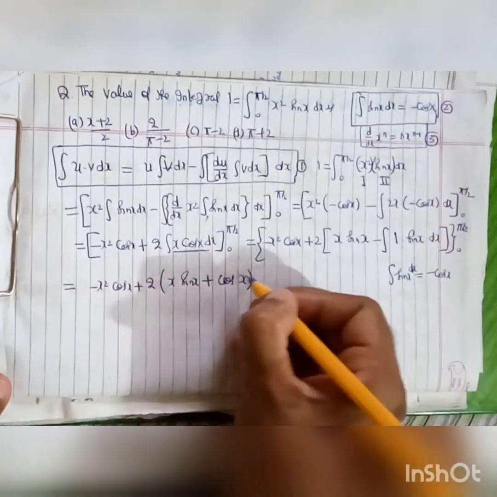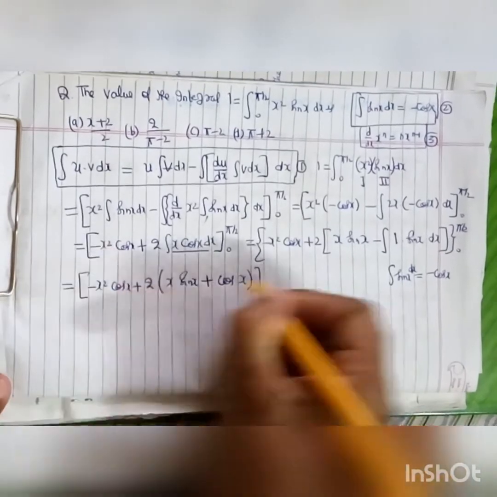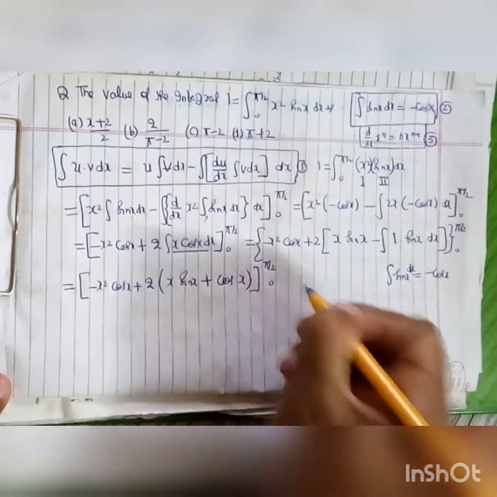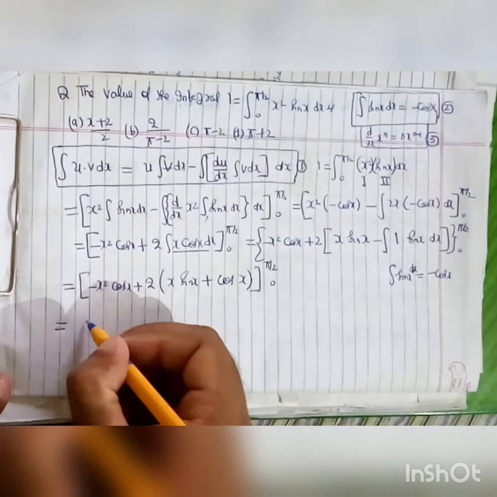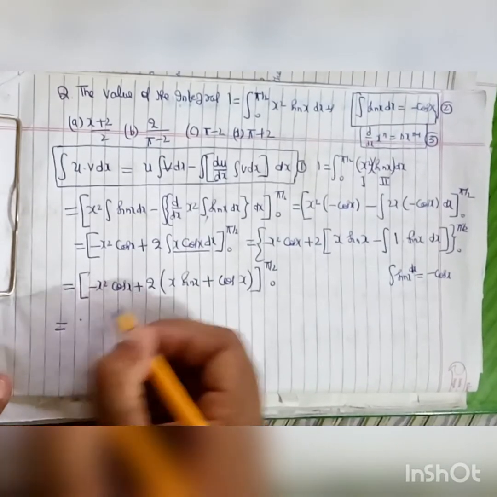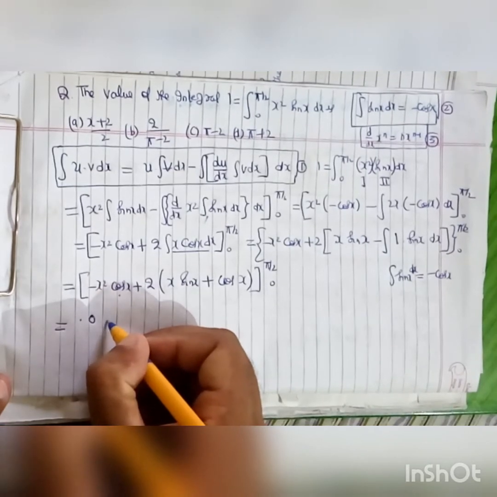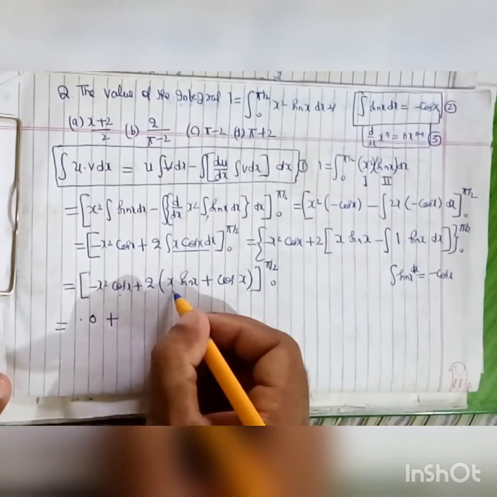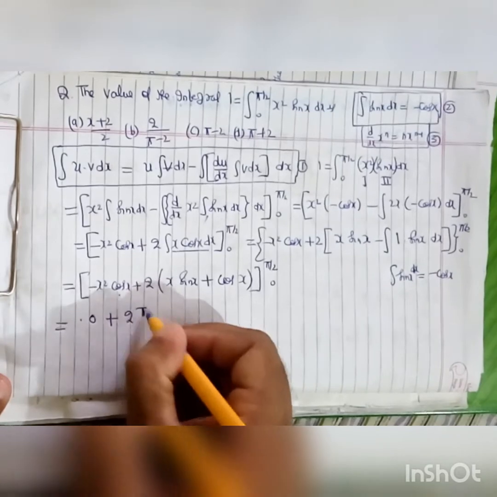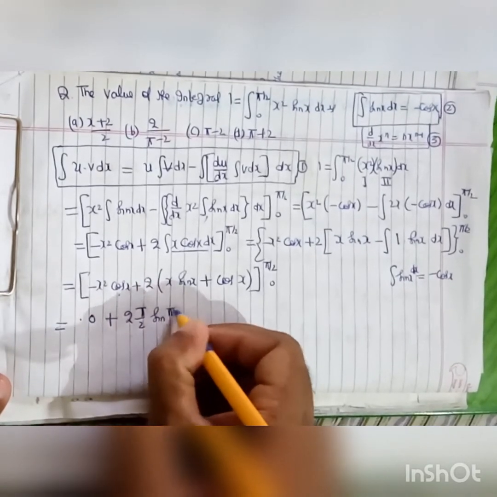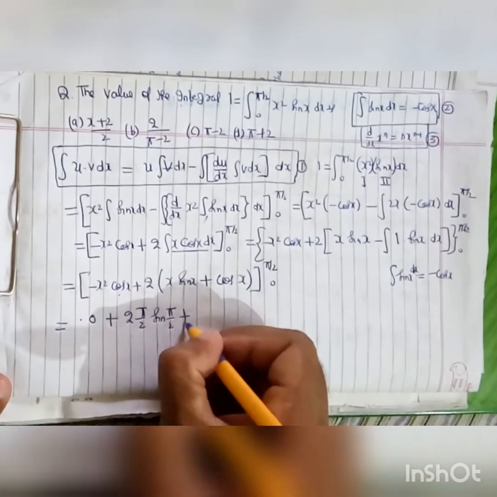Now applying the limit pi by 2 to 0, the first term will be 0 because cos 90 is 0. The second term will be 2 into pi by 2 into sin pi by 2, and the third term will be cos 90, which is 0.